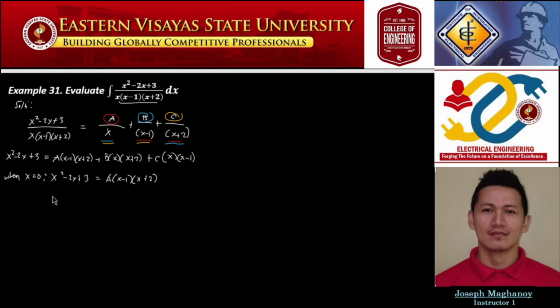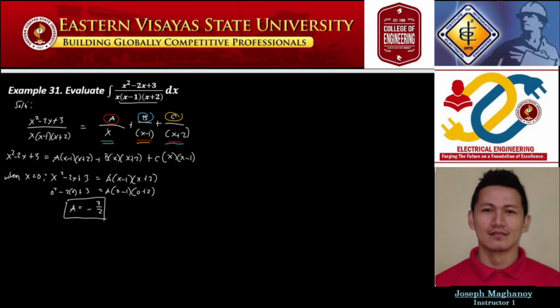If our x is 0, that's 0 minus 2 times 0 plus 3 equals a times 0 minus 1, 0 plus 2. Continuing to solve for the unknown, a is equal to negative 3 halves. So that is your a. Since we have no constant, we assume 0.